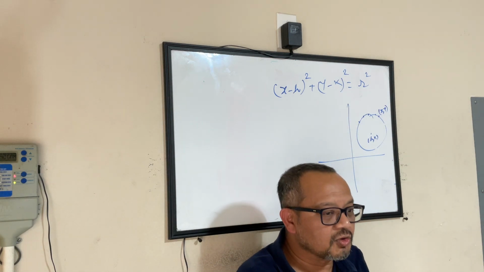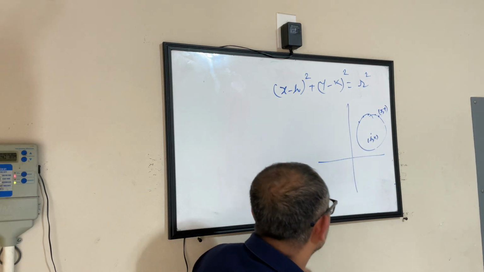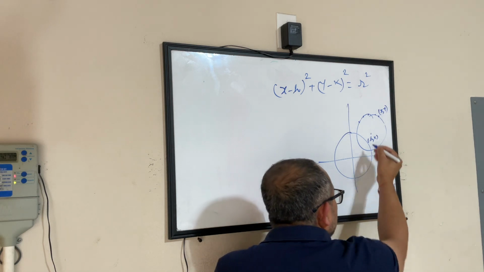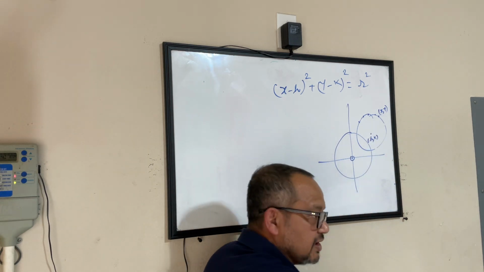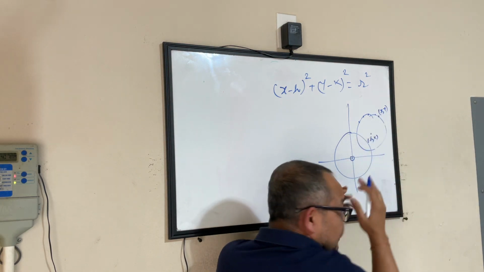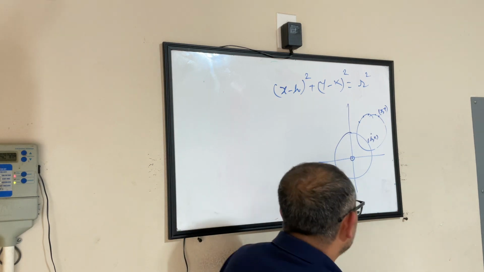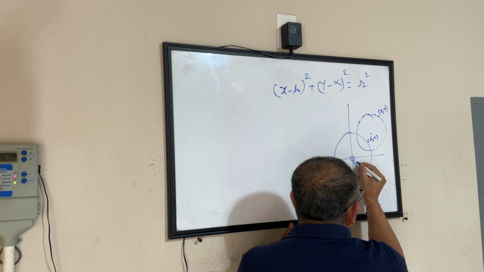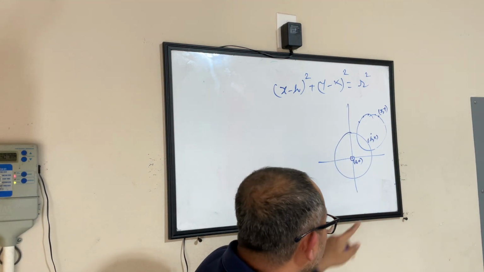Now, if you go to the next level and say, okay, fine, what if my circle moves? Fine, that's okay. If my circle moved in a way that the center of the circle coincided with the center of the coordinate plane, meaning what happened here? This circle I did not squeeze or expand. I kept the same circle, I just moved it. I moved the center of the circle from h, k to 0, 0. My radius did not change.